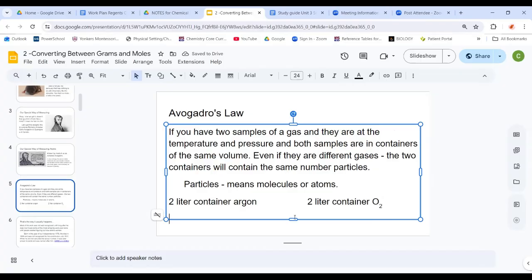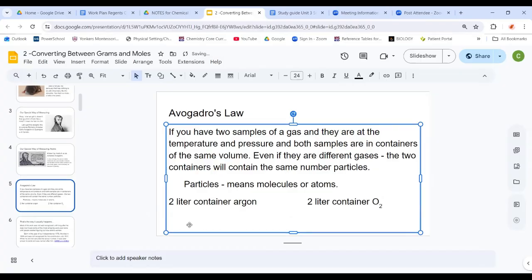Okay, so this would contain the same number of argon atoms and oxygen molecules.